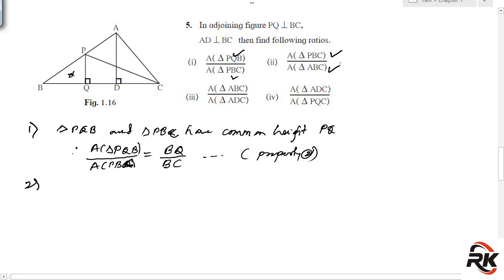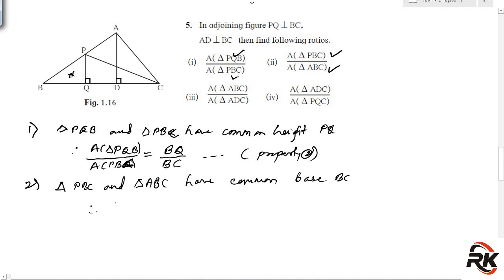Now second example, triangle PBC and triangle ABC. In these two triangles, BC is the common side, which is the base of both triangles. And height of PBC is PQ and height of triangle ABC is AD. Means using third property, triangle PBC and triangle ABC have common base. Which base? BC.